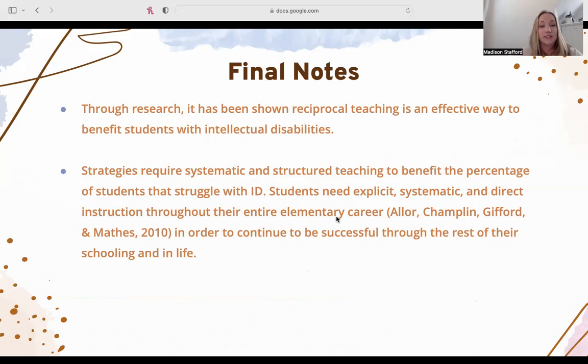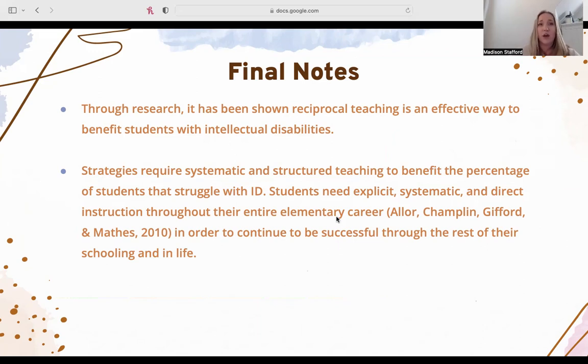We discussed how students need explicit, systematic, intensive, and direct instruction throughout their entire elementary career, and not just in kindergarten or first grade. They need it through the entire elementary career in order to continue to be successful.